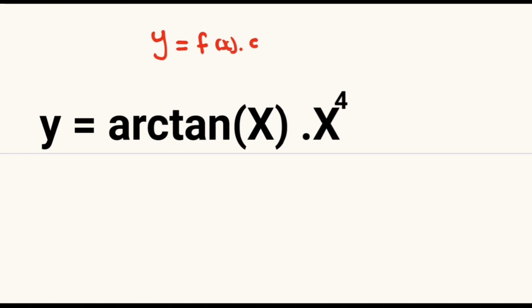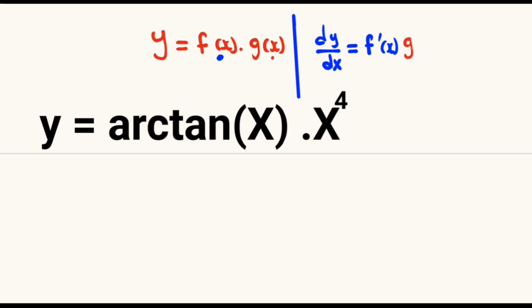Suppose we have y equals f of x multiplied by the g of x, and then the derivative of y with respect to x will be equal to the derivative of the f of x multiplied by the original function g of x, plus the derivative of the g of x multiplied by the original function, the f of x.